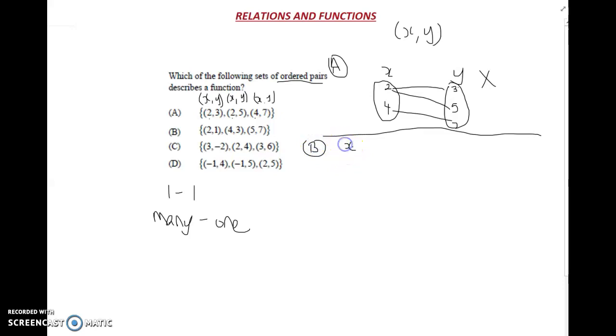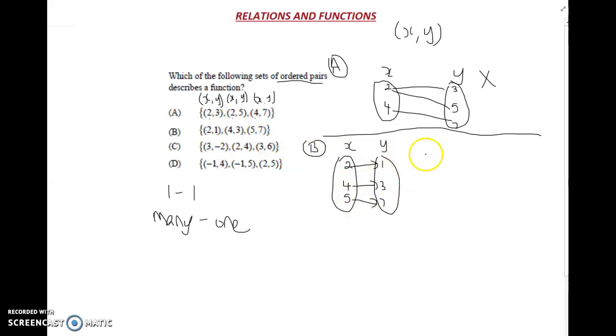So let's do it for the next one. Our x values are 2, 4, and 5. My y values are 1, 3, 7. So 2 goes to 1, 4 goes to 3, and 5 goes to 7.